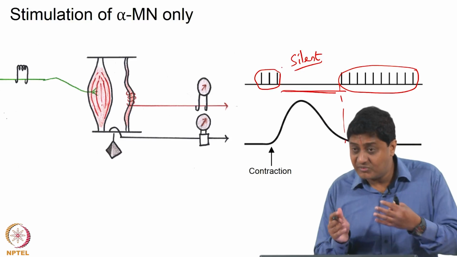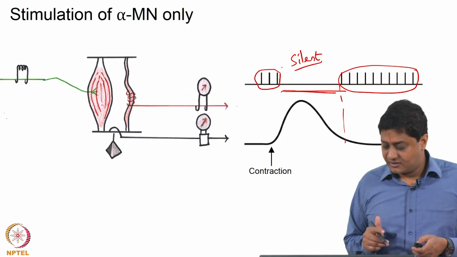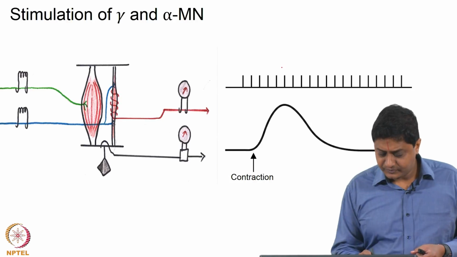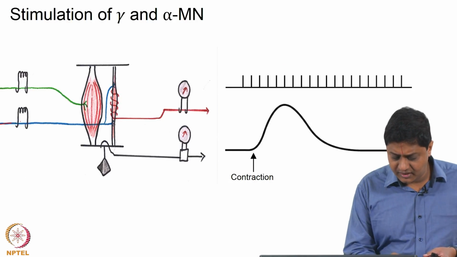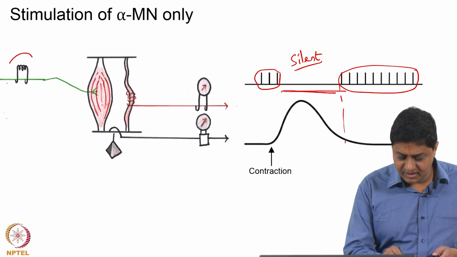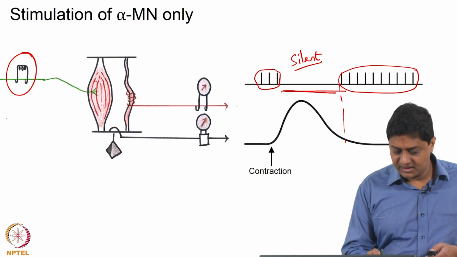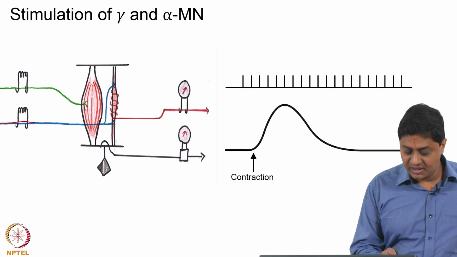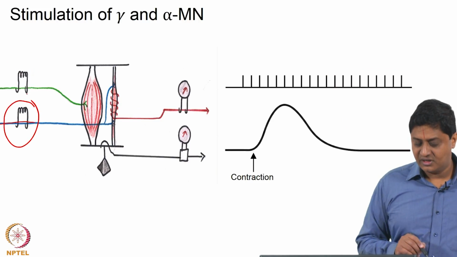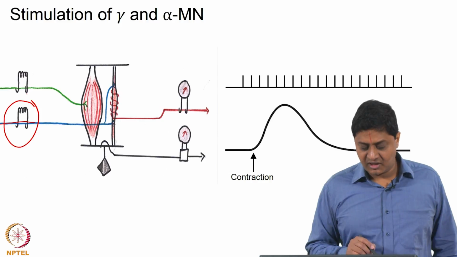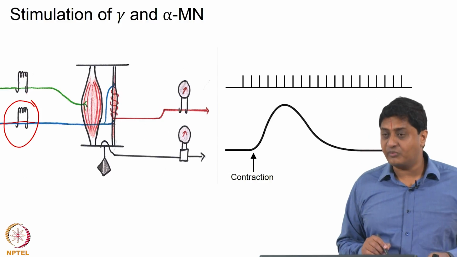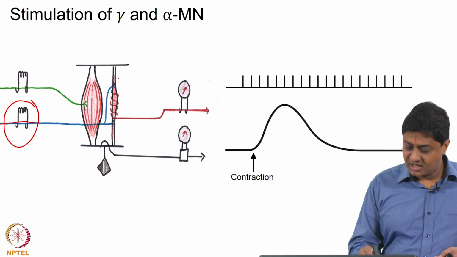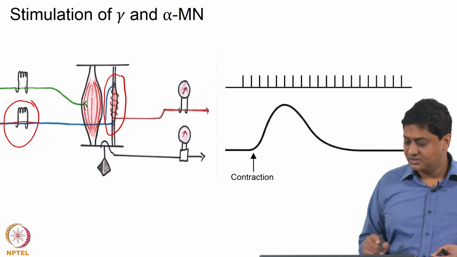If I want to still measure length, what should I do? I could activate both the alpha motor neuron and the gamma motor neuron. Earlier you see only the alpha motor neuron activating the extrafusal fibers. Here there is simultaneous stimulation of both the alpha and the gamma motor neuron, both the extrafusal fibers and the intrafusal fibers.